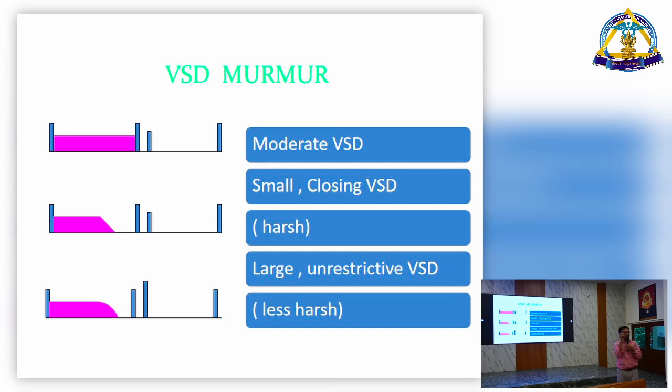What will it produce? A rough, harsh murmur throughout systole, so it is called a pansystolic murmur. A rough pansystolic murmur over the entire systole means a small VSD. Suppose you have a very large VSD, what will happen?